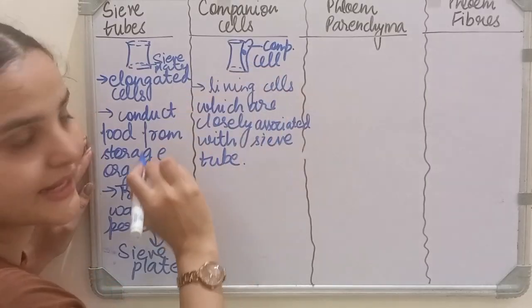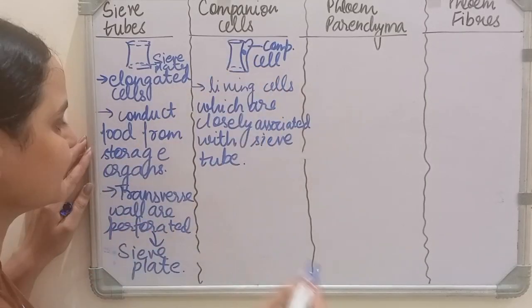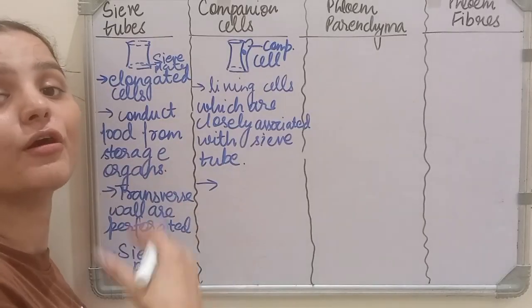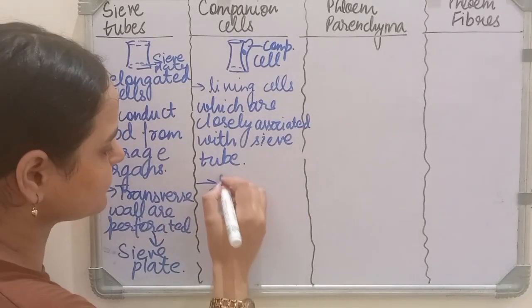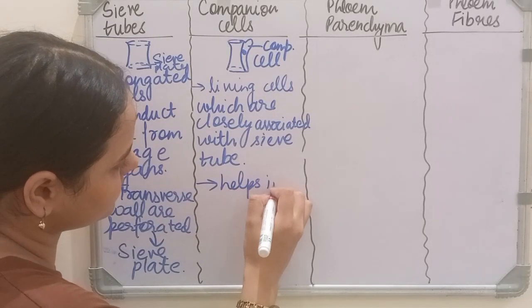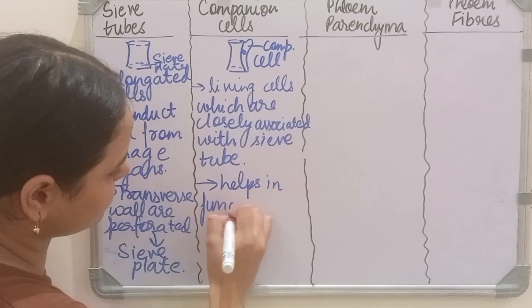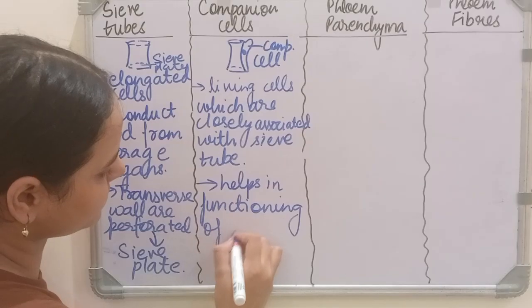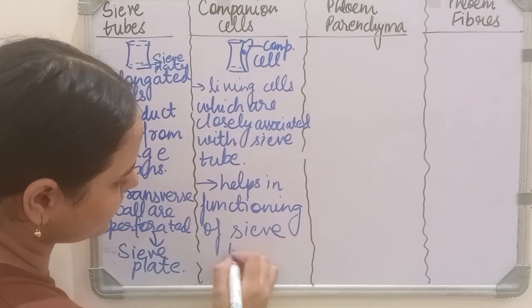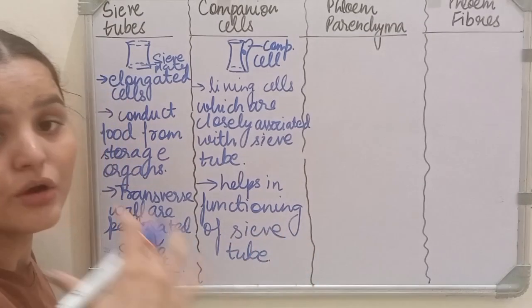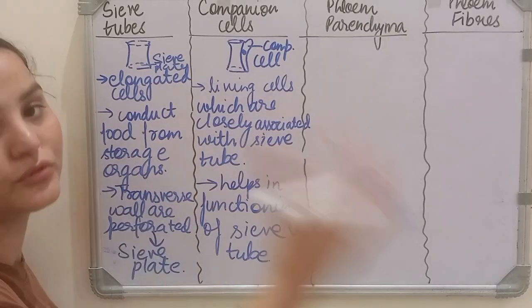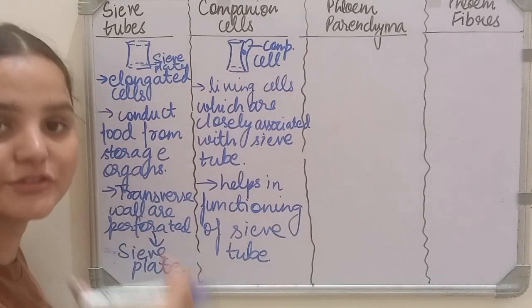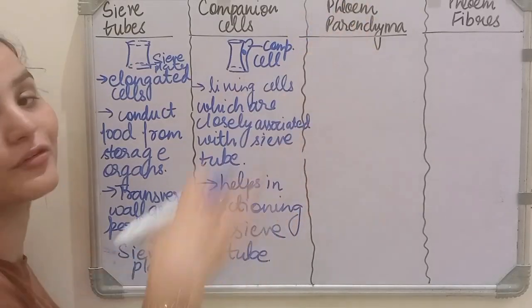Because of that it helps in the functioning of sieve tube to transport the food from the leaves to the storage organs or to the various parts of the plant.